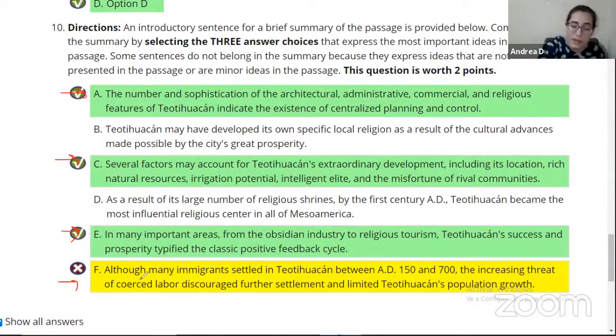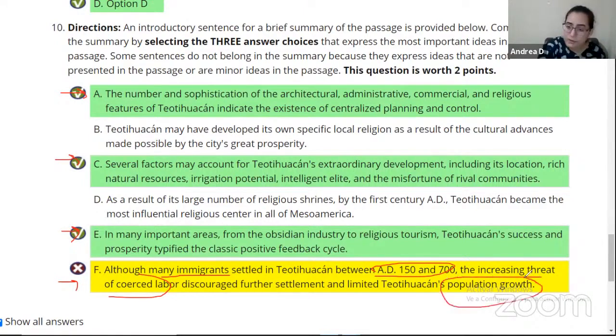Now, F is too specific to be the one. F is only talking about the immigrant part: although many immigrants settled in Teotihuacan, we have a specific date between AD 150 and 700, and the increasing threat of coerced labor discouraged further settlement and limited Teotihuacan's population growth.